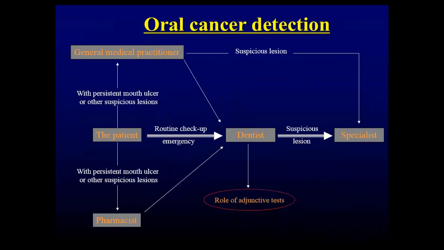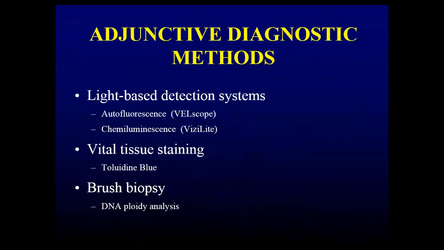In the following slides, I'm going to give you an outline of a few diagnostic or adjunctive tools which are currently used all over the world, more popularly in America, Canada and Europe, and are commonly used by general dentists to do an oral cavity screening to rule out any suspicious lesions present in the oral cavity.